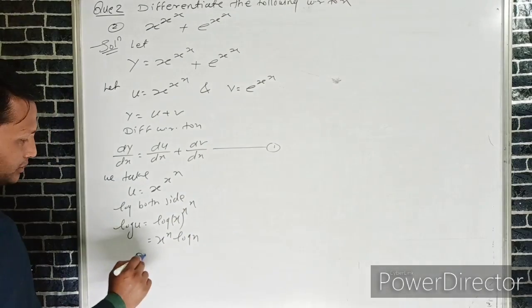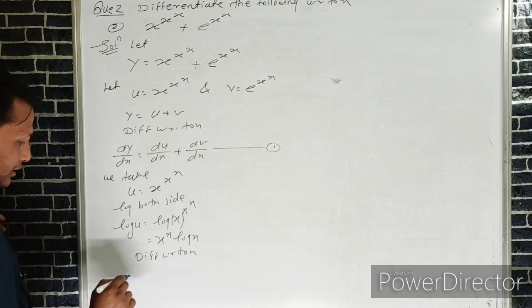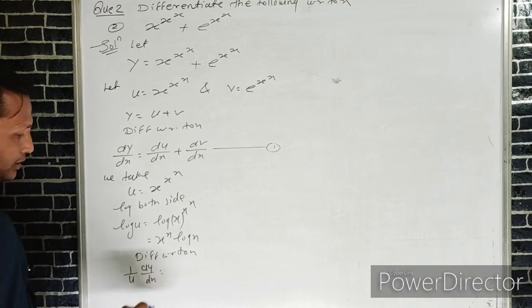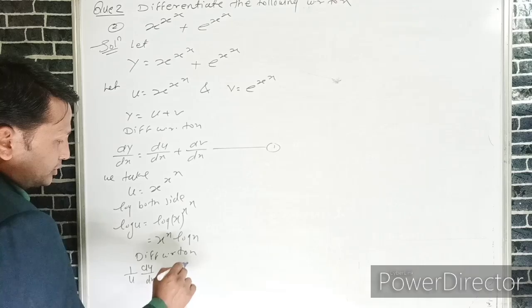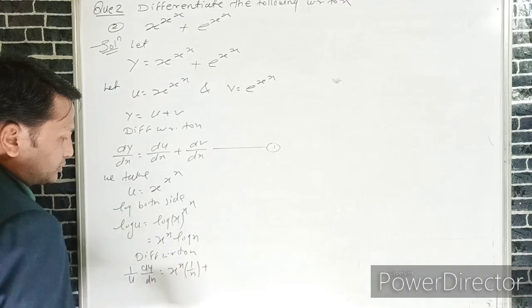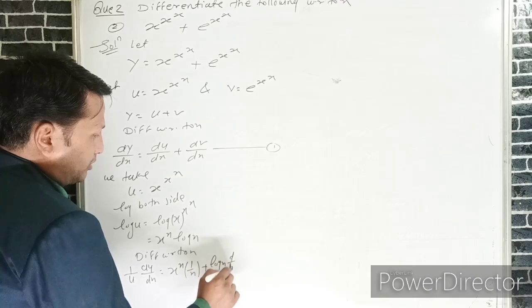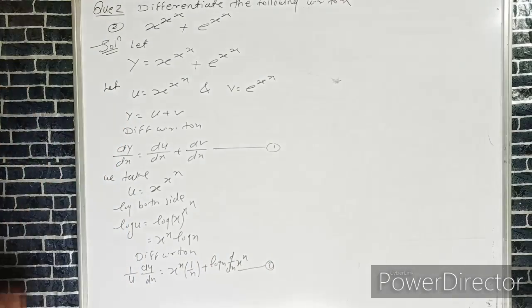Now if we differentiate the given function with respect to x, then we can write the derivative of log u is 1 by u du upon dx. Here x raised to the power x into the derivative of log x is 1 by x, plus log of x into the derivative of x raised to the power x, which we give equation number 2.